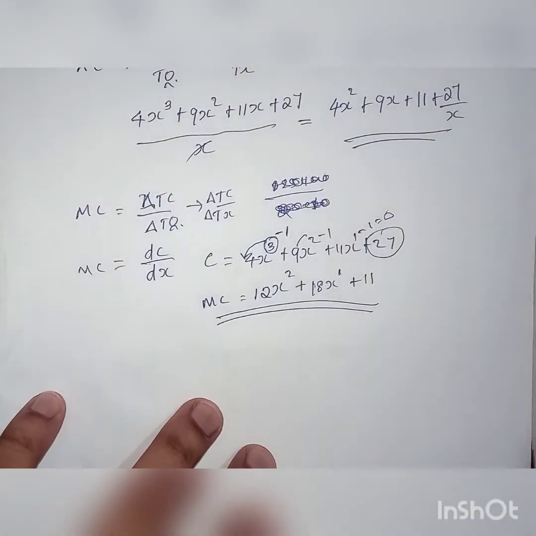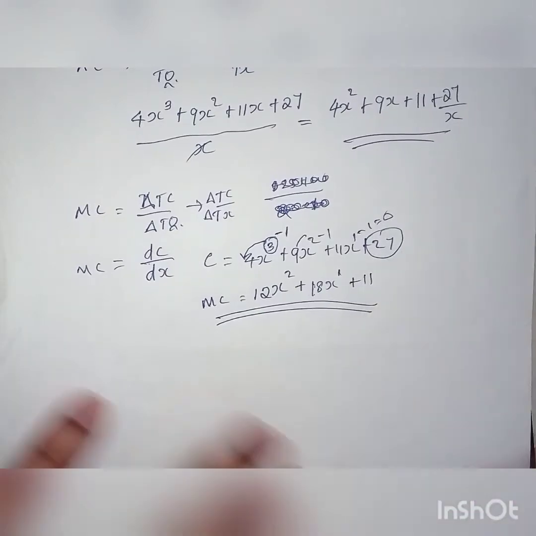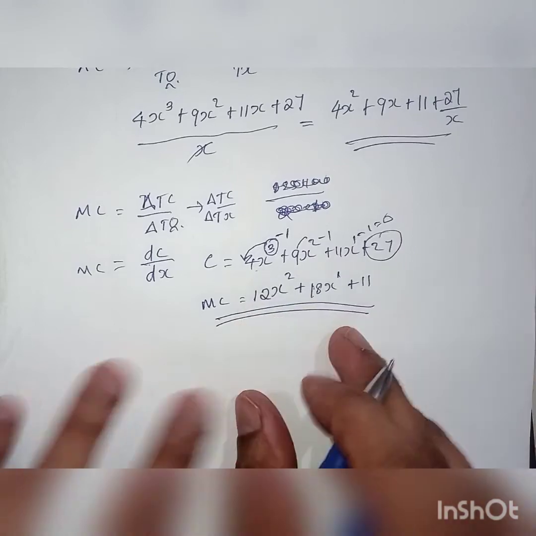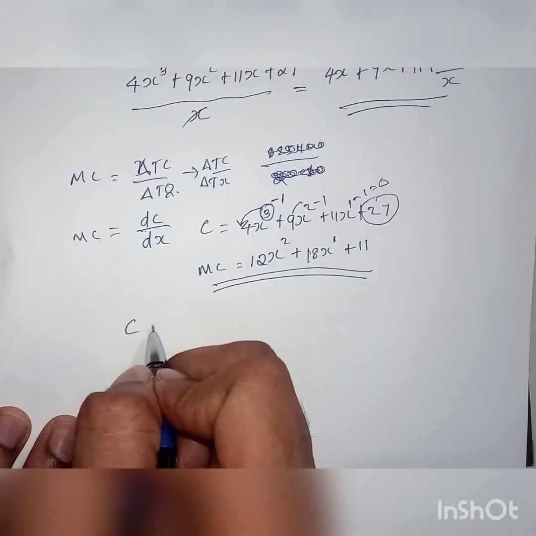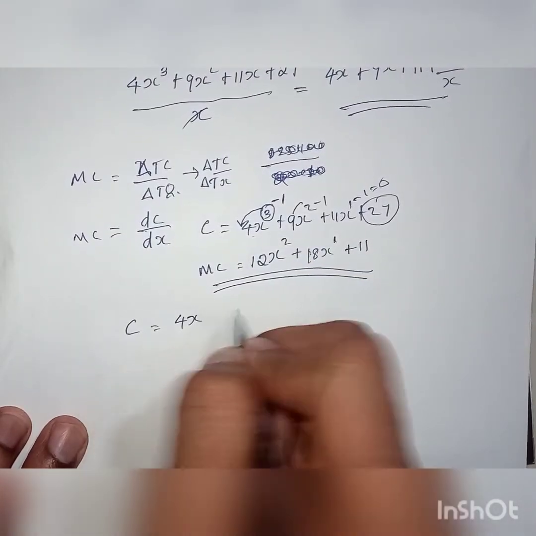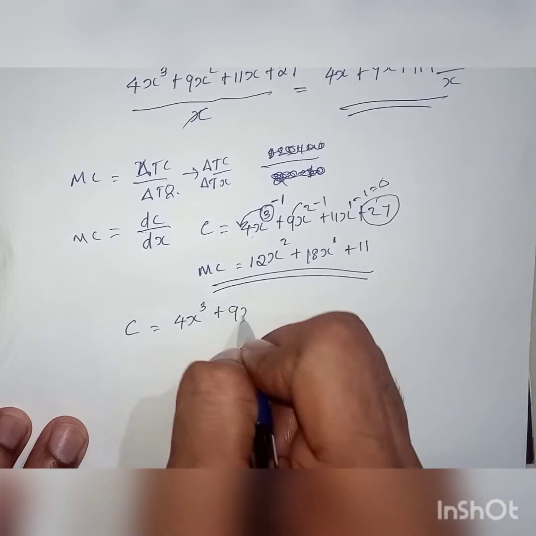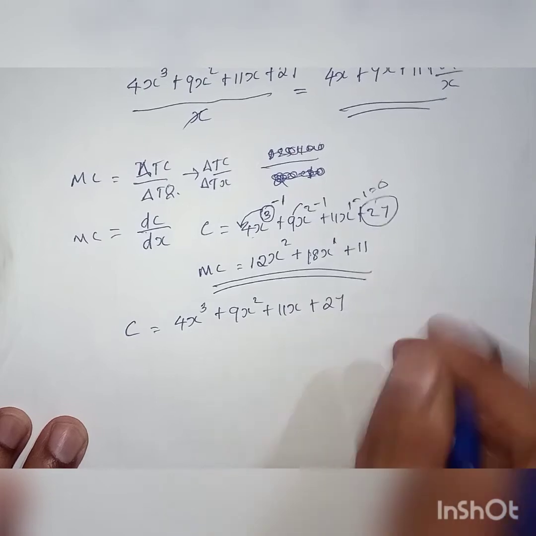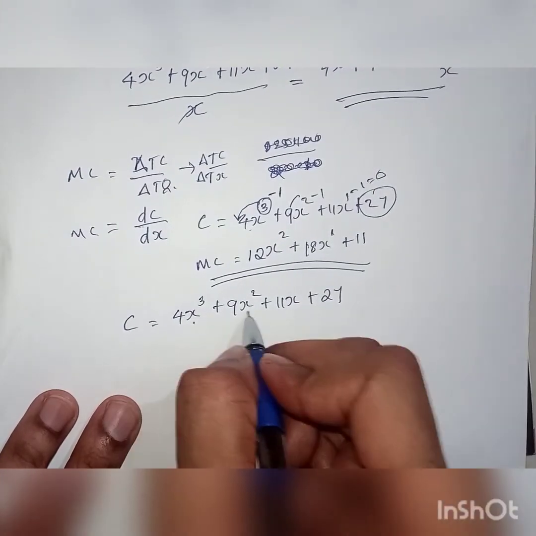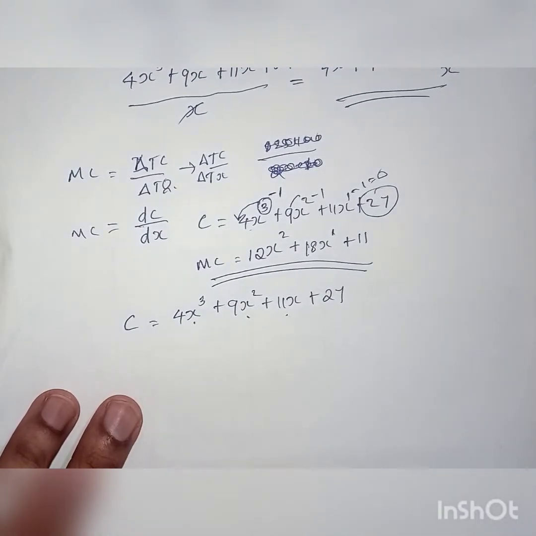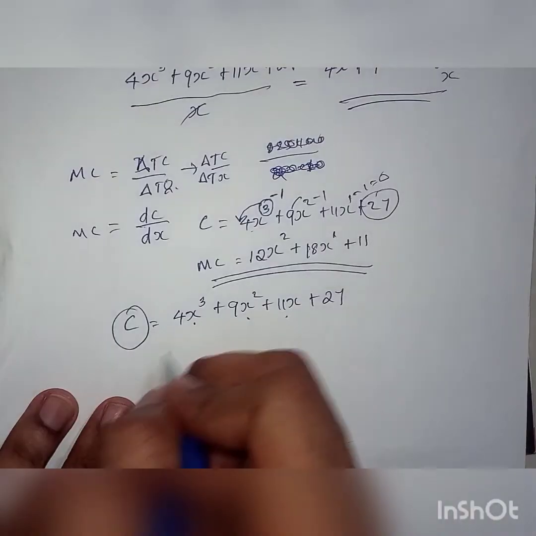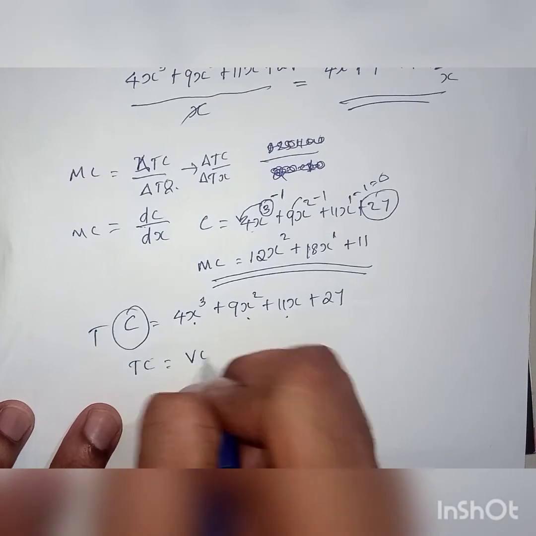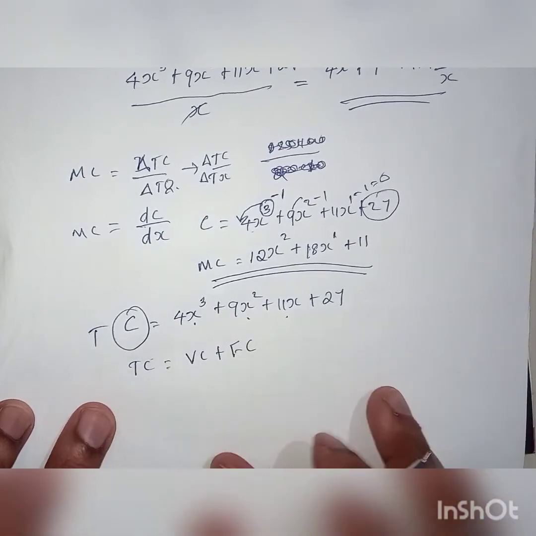Why is this 27 not required? Because it doesn't have any x with it. Here, in 4x³ + 9x² + 11x + 27, all the other terms have x, because this is a cost function, meaning the total cost function. We know TC equals variable cost plus fixed cost, right?